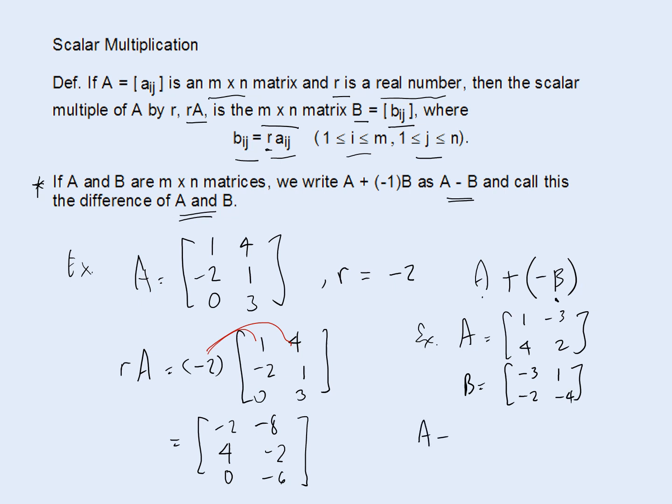To find the difference, A minus B, is to simply multiply all elements of B by negative 1 and add it to A. Or we simply apply ordinary subtraction. 1 minus negative 3 will give us positive 4. Negative 3 minus 1 is negative 4. 4 minus negative 2 is 6. And 2 minus negative 4 is also 6.